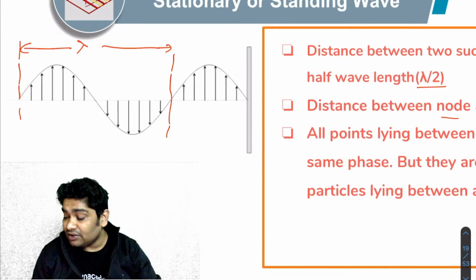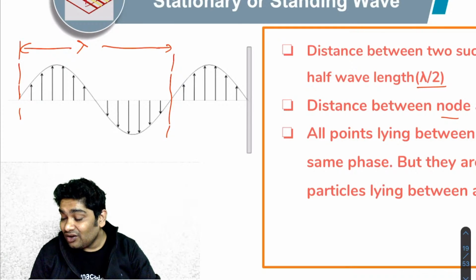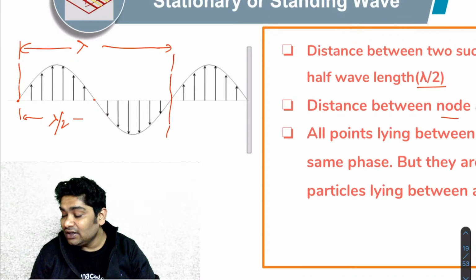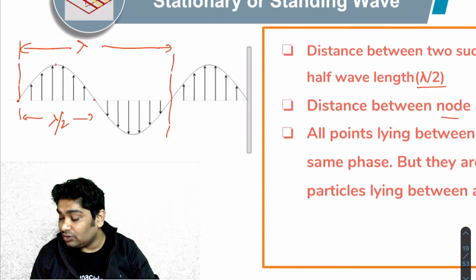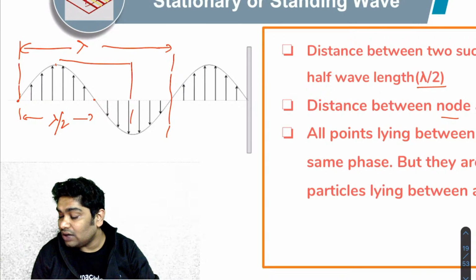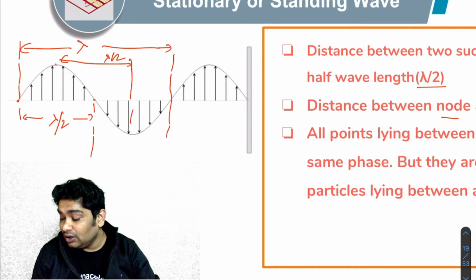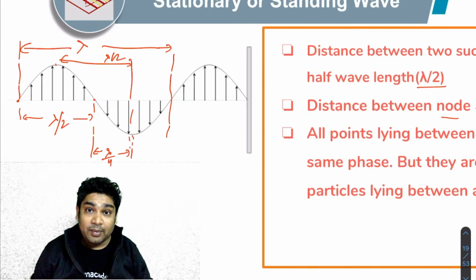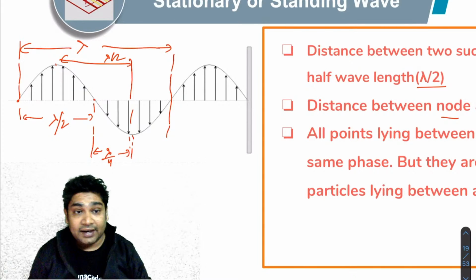So the distance between one node and another node is lambda by 2, which is half the wavelength. Similarly, the distance between two consecutive antinodes is also lambda by 2, and the distance between a node and an antinode is lambda by 4. So you should remember this. We will be using it a lot in our problem solving.